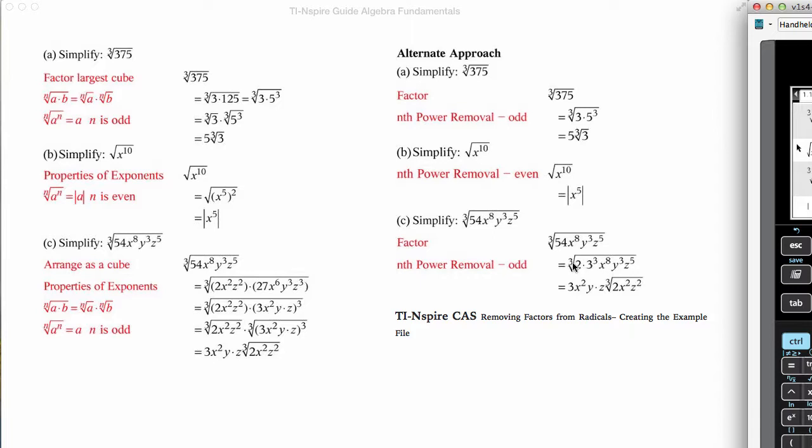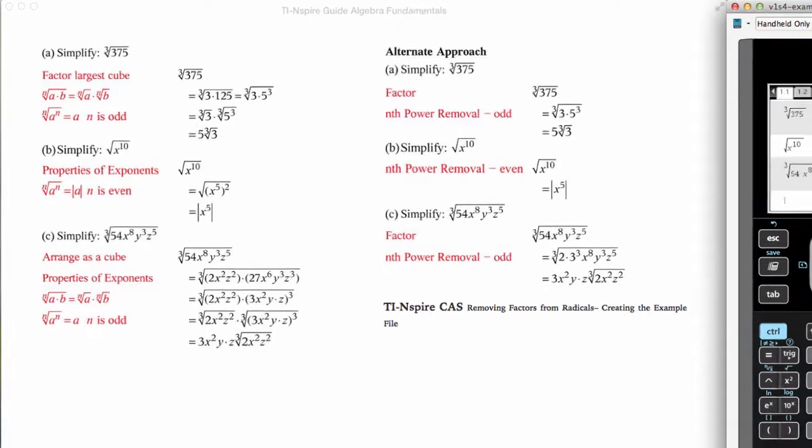Then the power is 1, so 3 doesn't divide into 1, so the 2 is left inside the radical. 3 goes into 3 one time with none left over. 3 goes into 8 2 times with 2 left over. 3 goes into 5 once with 2 left over. So this is where we switch the index into division to mechanically help us with this kind of problem.